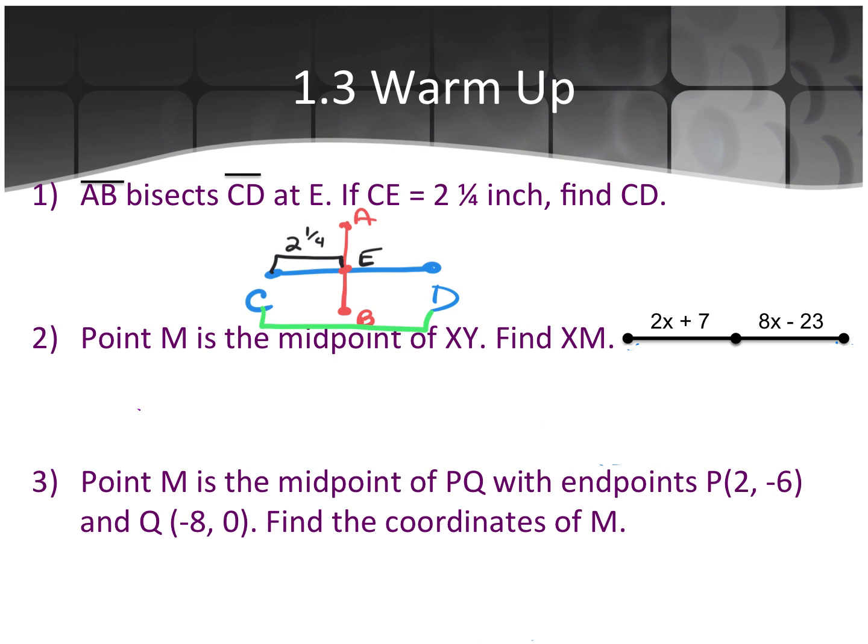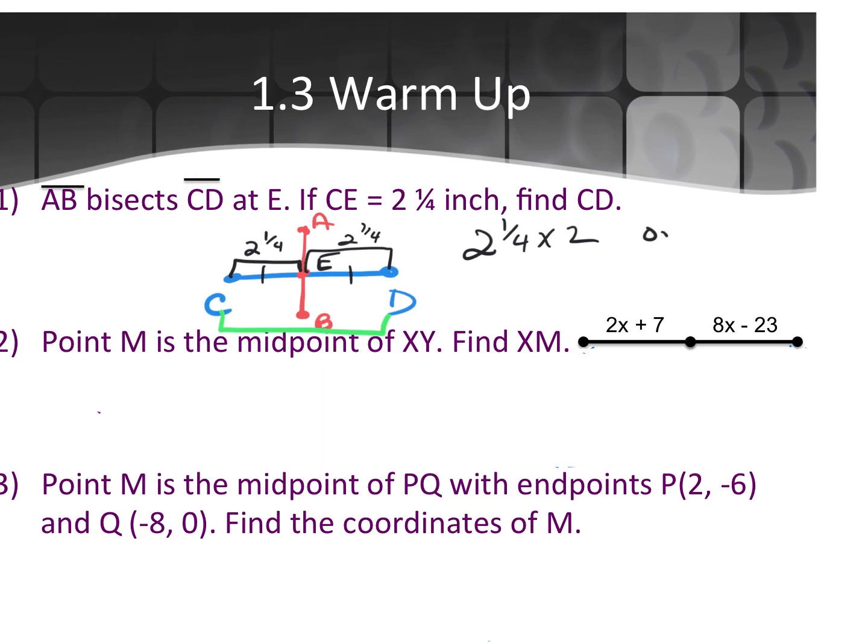So remember, when something has been bisected, I know that it makes 2 congruent or 2 equal pieces. So then this tells me that ED here is also going to be 2 1/4. So in order to find the length of CD, I can either take 2 1/4 times 2, or I can also add 2 1/4 plus 2 1/4.